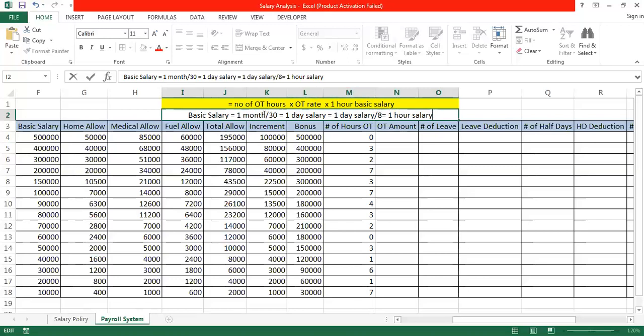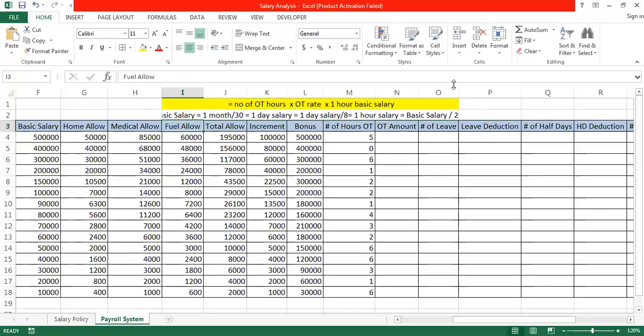If we multiply 30 by 8, it becomes 240. So we can directly divide our basic salary by 240.